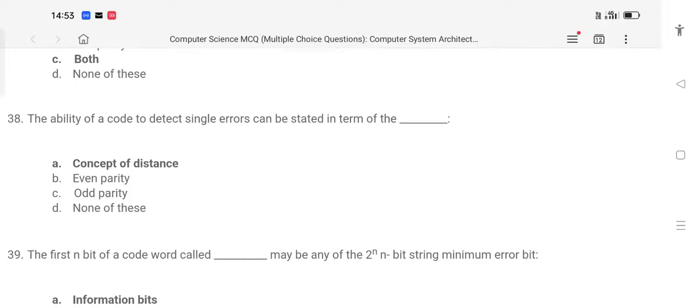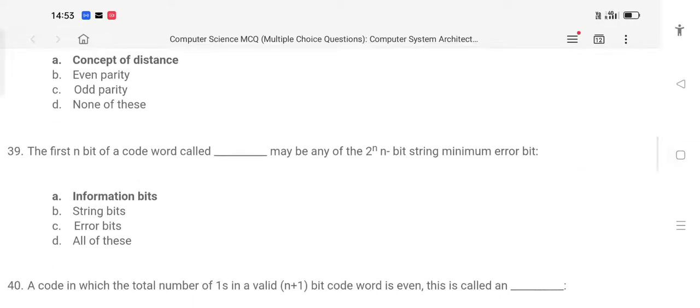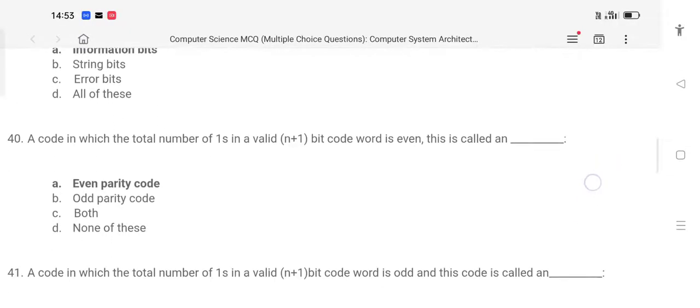The ability of a code to detect a single error can be stated in terms of the concept of distance. The first n bits of a code word, called dash, may be any of the 2 power n bit strings, with minimum error bit information bits.